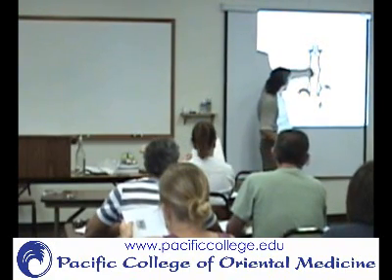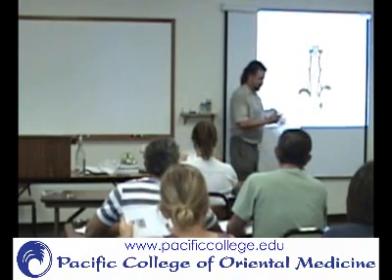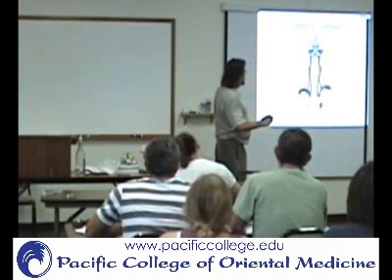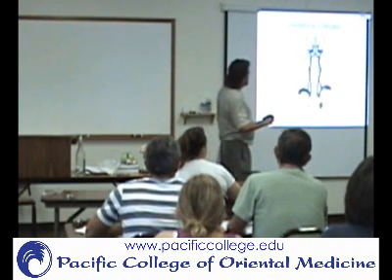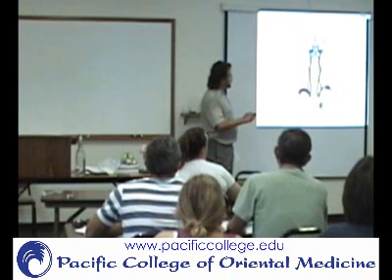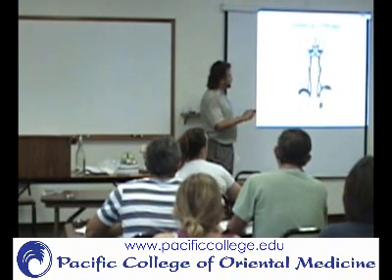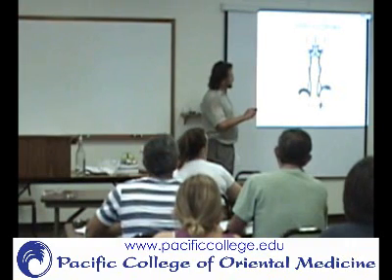It goes in through the transverse process right here, and then it forms the basilar artery here. And here's the common carotid, and then it divides, and here's the internal carotid. That's going to come up into here.